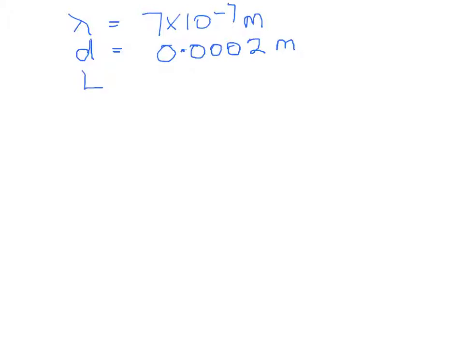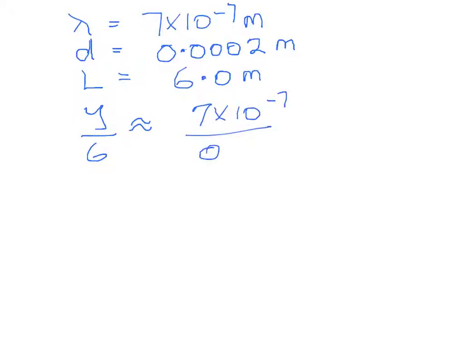And our length was 6 meters. So, we'll apply that to our formula. y over 6 is approximately equal to 7 by 10 to the minus 7 divided by our gap.